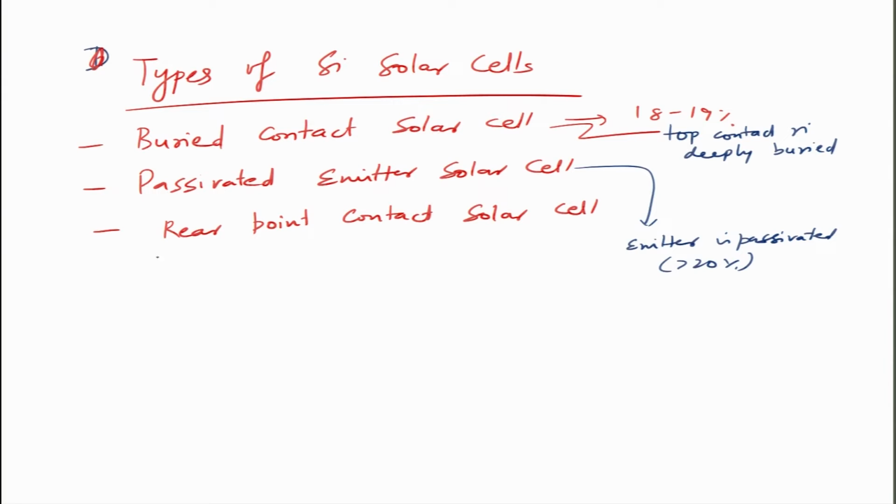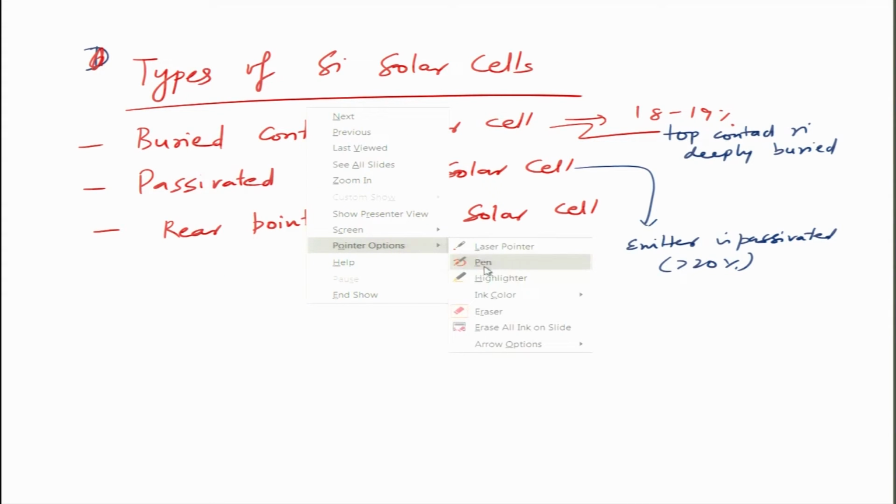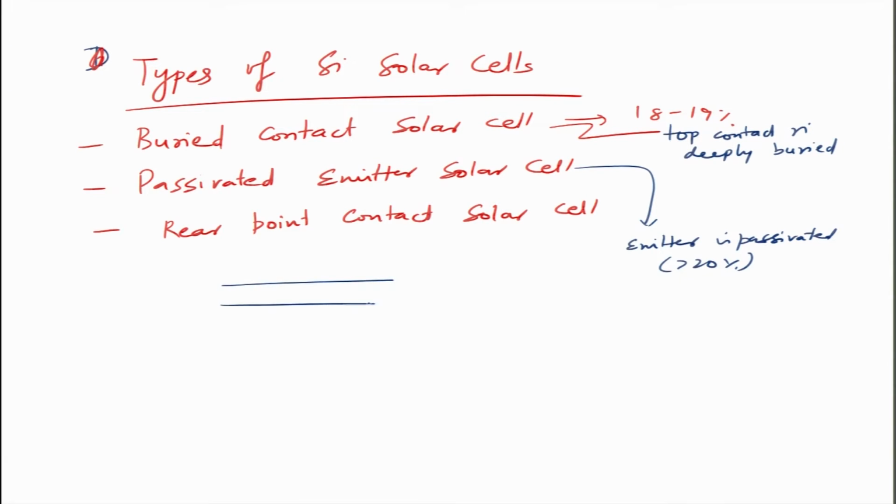Rear point contact, sometimes people also use strategies to make the point contact on the back. So on the back the contact is like this. So if this is your device, even on the back, so front surface we know is like this, and the contact is buried, and so on and so forth.